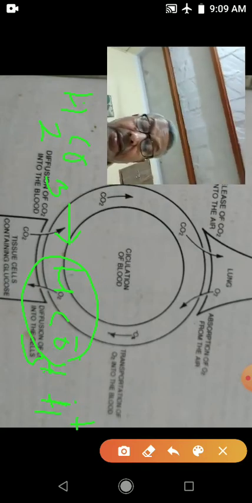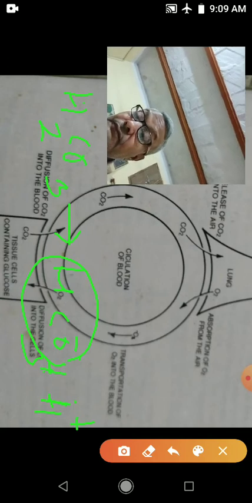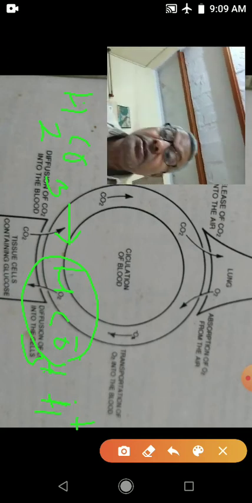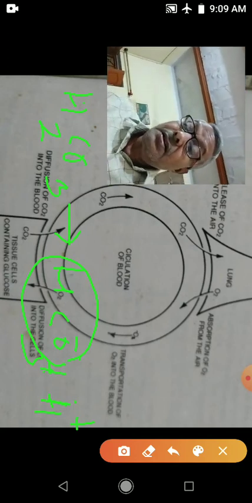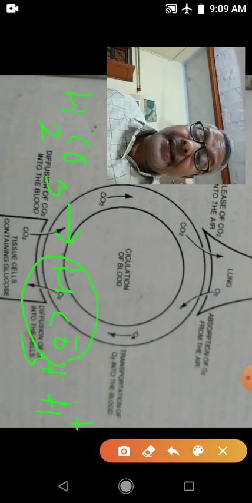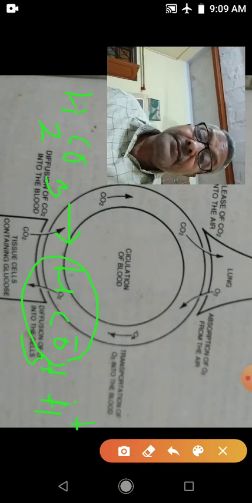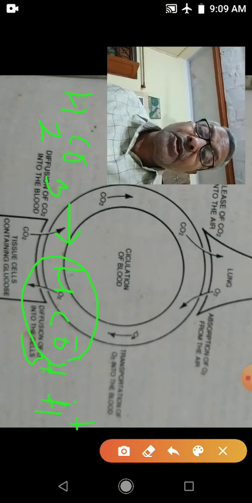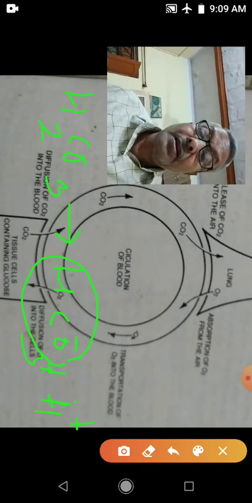Now the rest of the carbon dioxide is transported as carbamino compound.